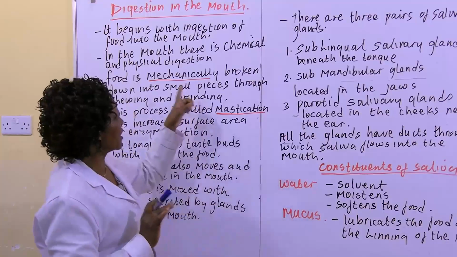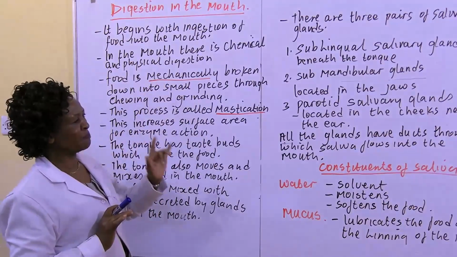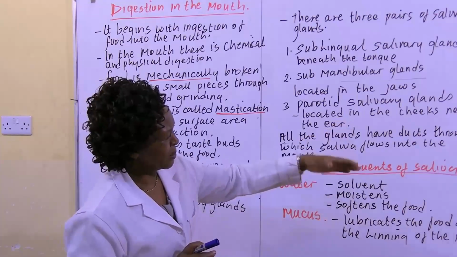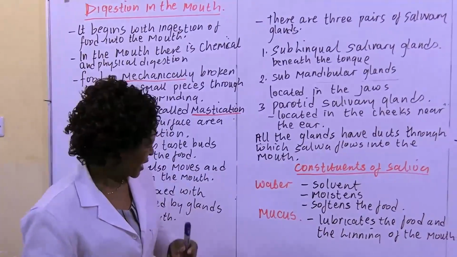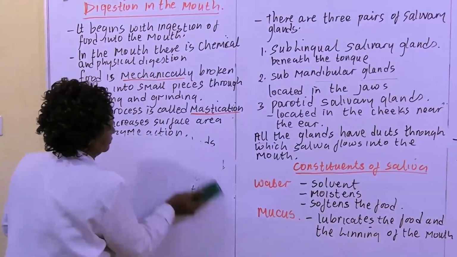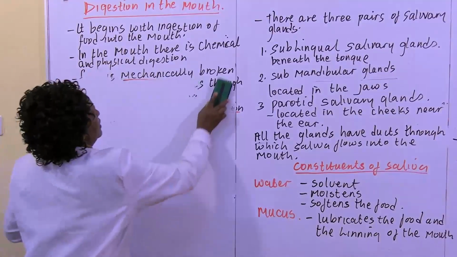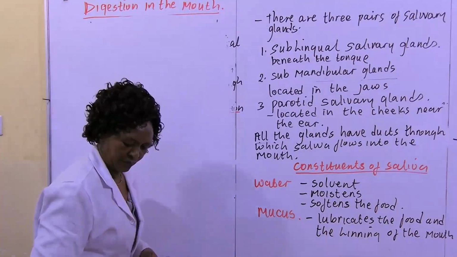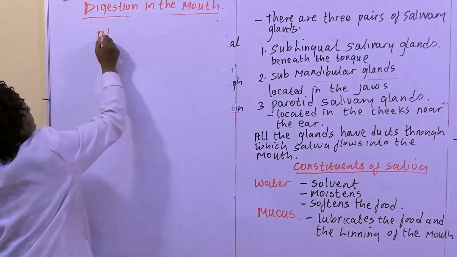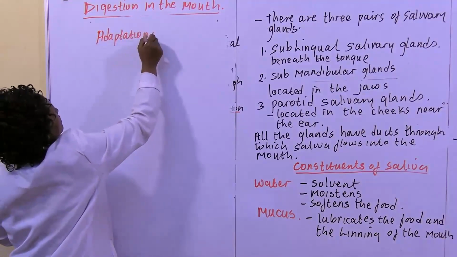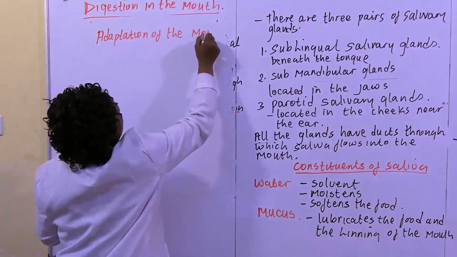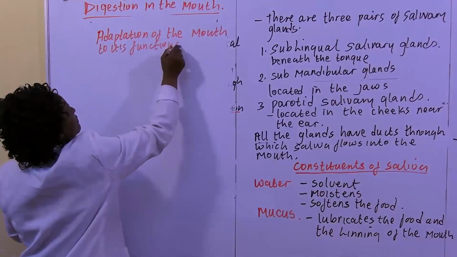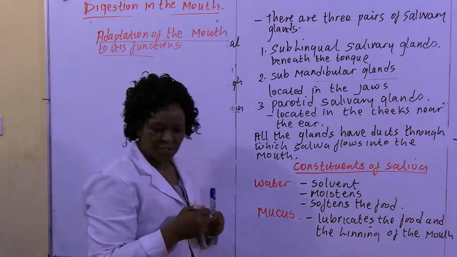How is it adapted to mechanical digestion, to chemical digestion, and to mixing up of the food? Adaptation of the mouth.